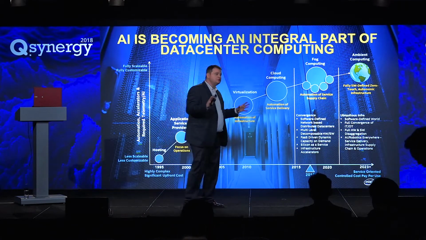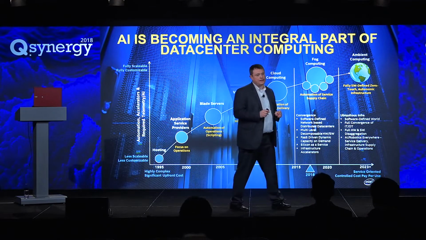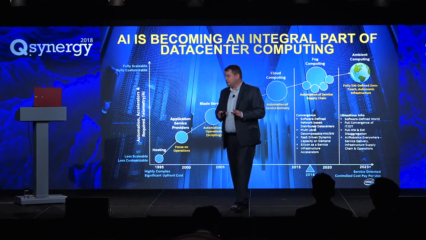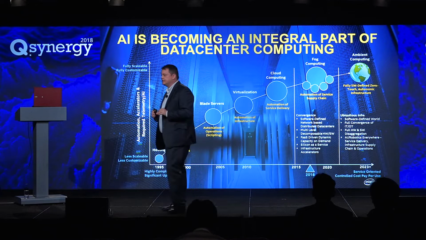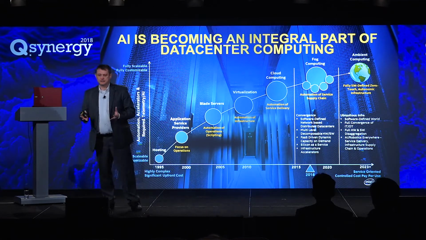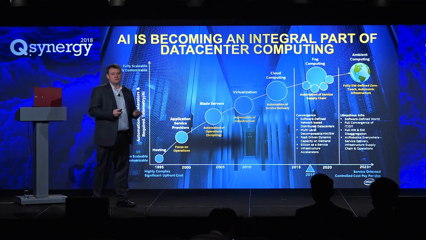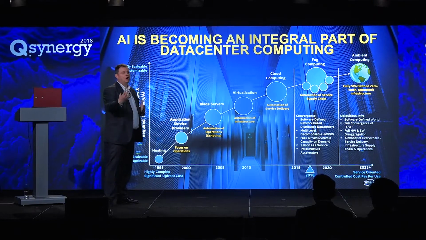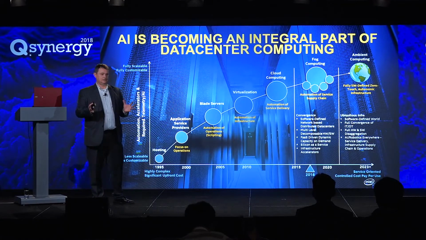Now, we heard a lot about AI, but what I want to do is put Rackscale design a little bit into context, into the context of Intel's vision of the evolution of the data center.